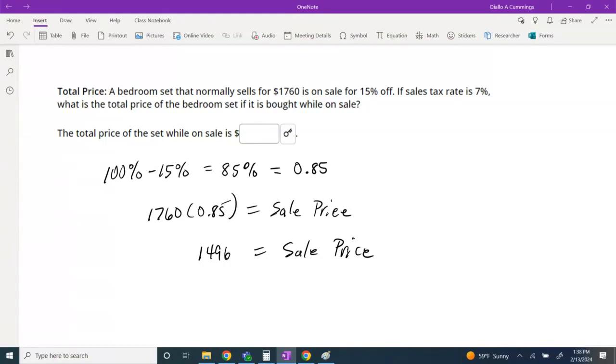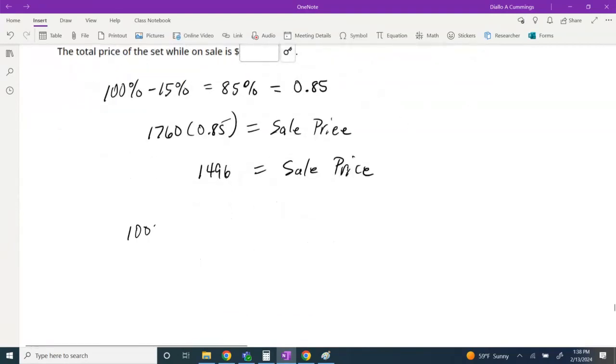Now, when we go to the cash register, they're going to charge us 7% sales tax. So that's a percent increase of 7%. So for the sales tax rate, I'm going to take 100%. To that, I'm going to add 7%. Right, so 100% plus 7% is 107%. 107% as a decimal is 1.07.